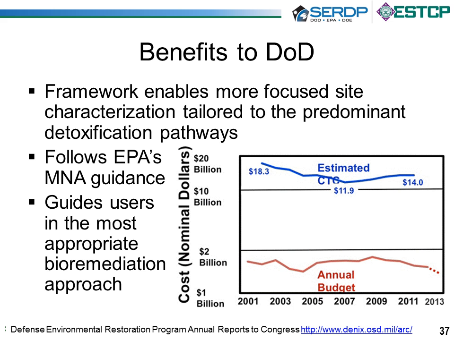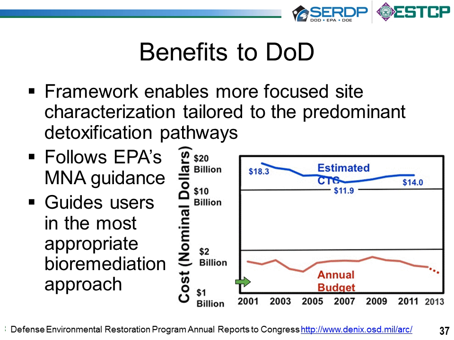The reason why this is important, I like to think, is threefold. First, it saves us money in that the characterization at a site is more tailored towards the predominant detoxification pathway.